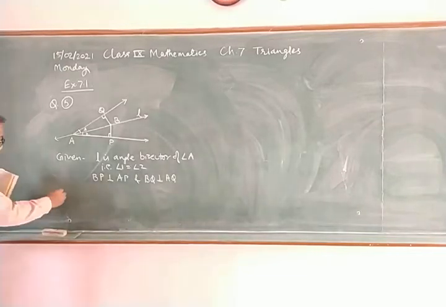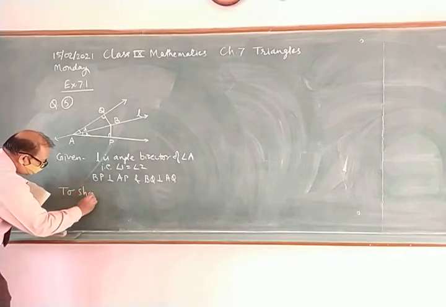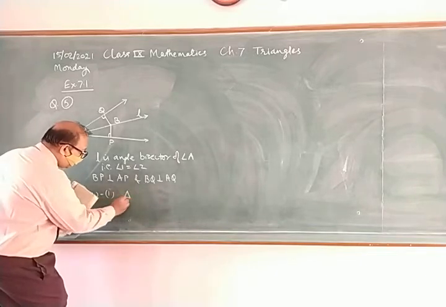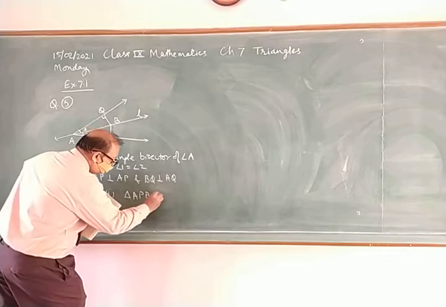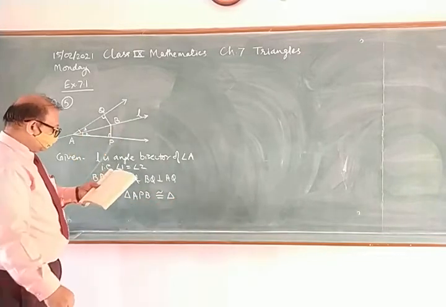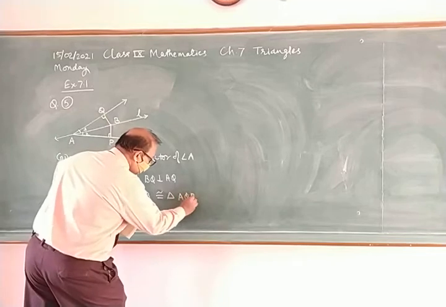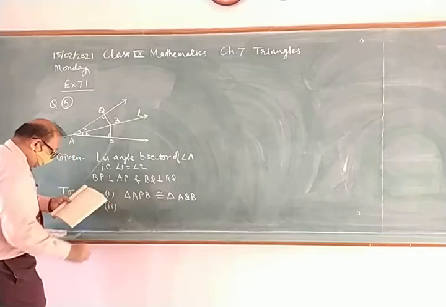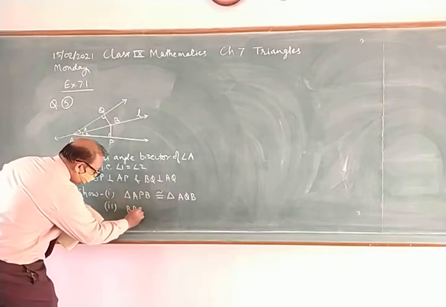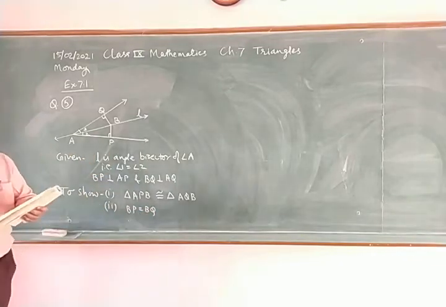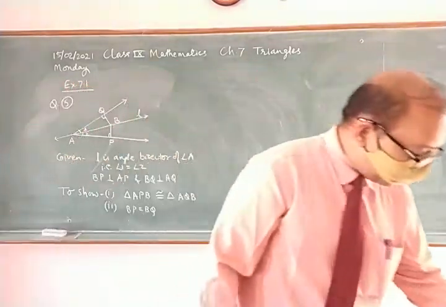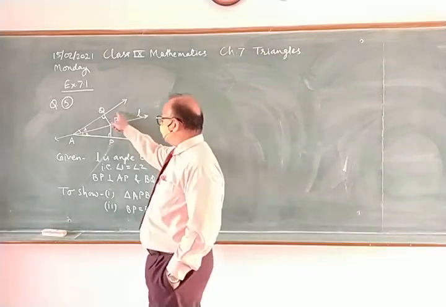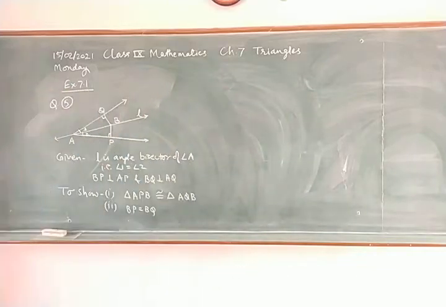And now we have to show, number 1, triangle APB is congruent to triangle AQB. And second, BP is equal to BQ. These two things we have to prove. That is, B is equidistant from the arms of angle A. Now look here, how do we prove it?